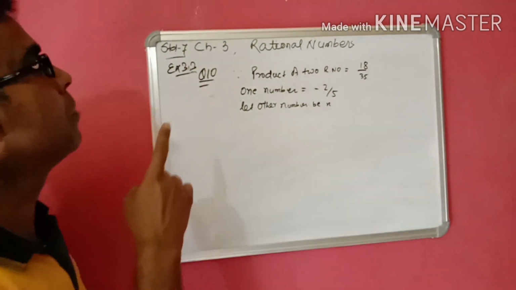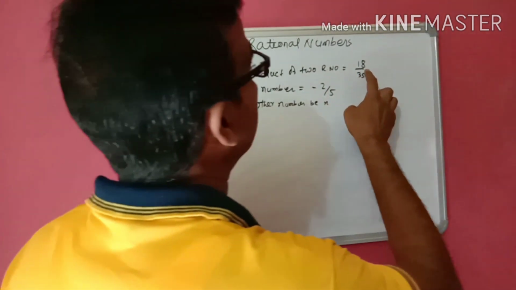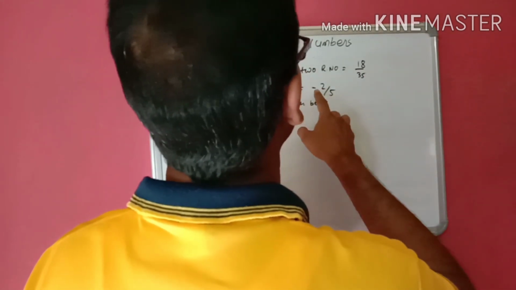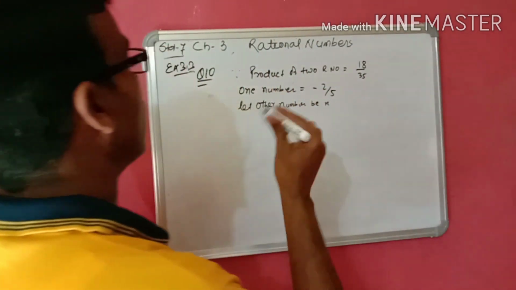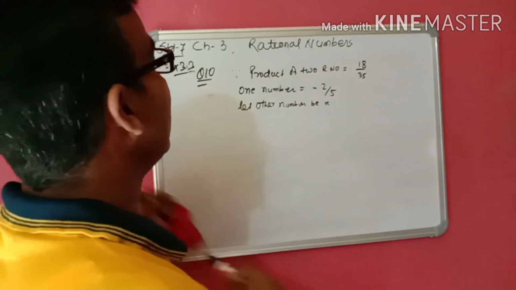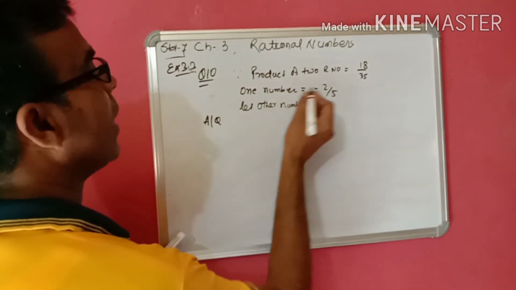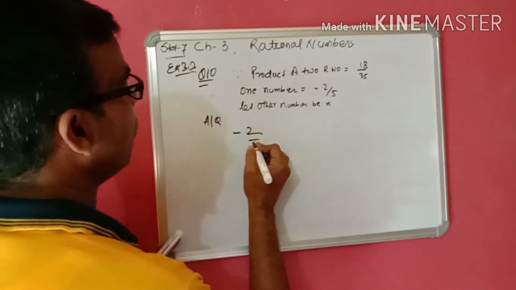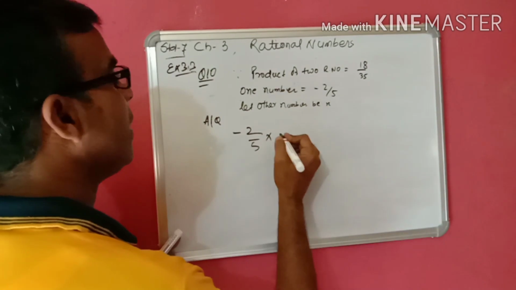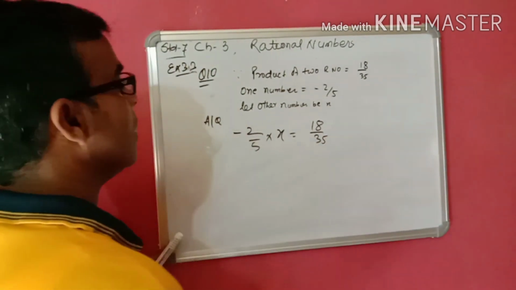Now, question number 10. According to the question, the product of two rational numbers is 18 by 35. One number is minus 2 by 5. Therefore, let the other number be x. According to the question, I can write: one number is minus 2 by 5 and product means multiply, into x equal to 18 by 35.